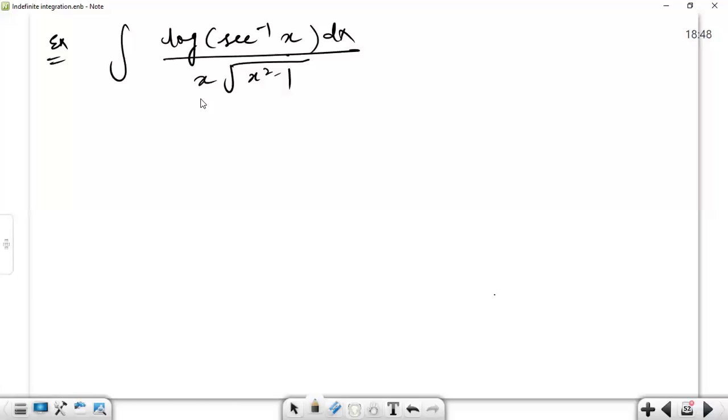Now we have to make some substitution and reduce this function into some format where we will be able to use our direct tools, whichever formulas we have learned till now, so that we can employ those formulas and solve that question.